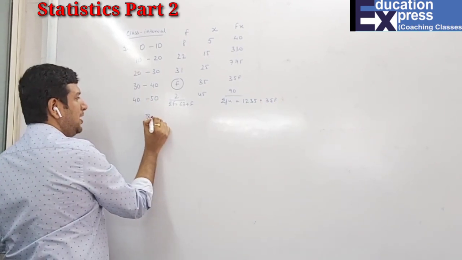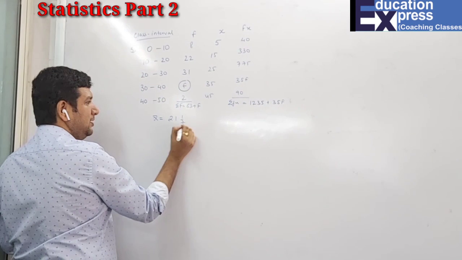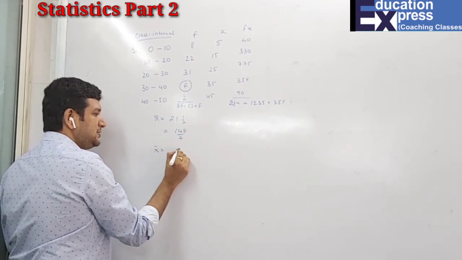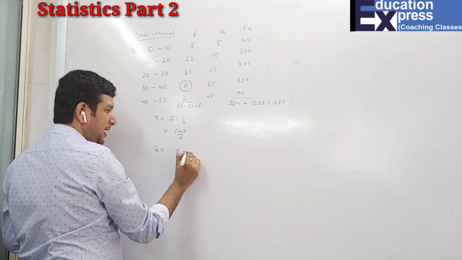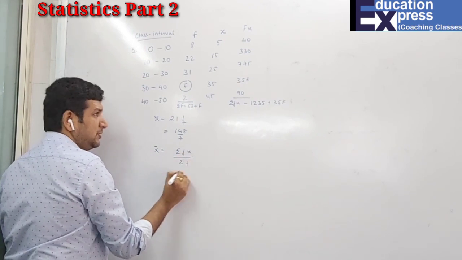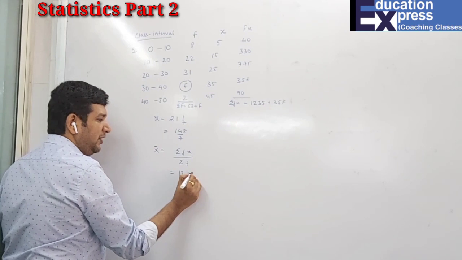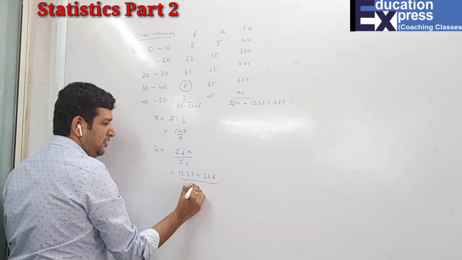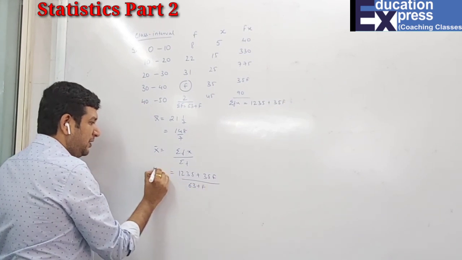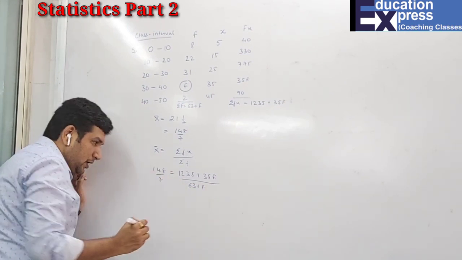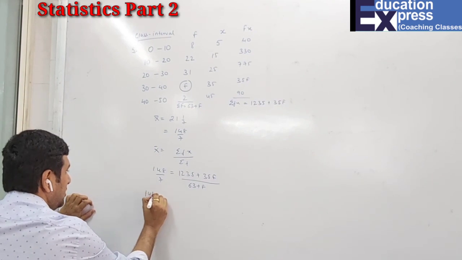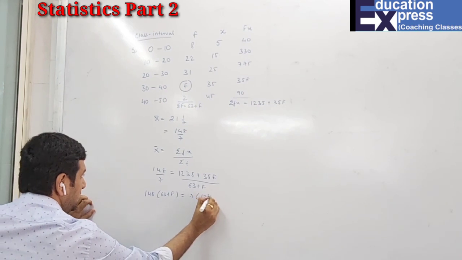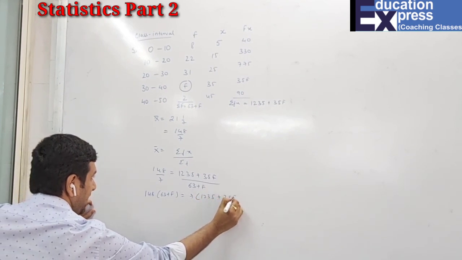Now your x bar was how much? 21 1 upon 7, which is 148 upon 7. The formula is x bar equals sigma fx upon sigma f. So sigma fx is 1235 plus 35f upon sigma f, which is 63 plus f, and that is 148 upon 7. Now cross multiply. So 148 into 63 plus f equals 7 into 1235 plus 35f.